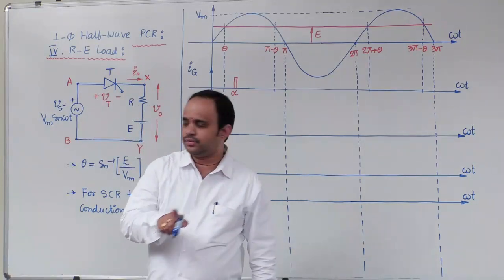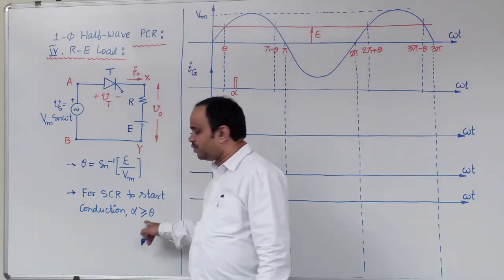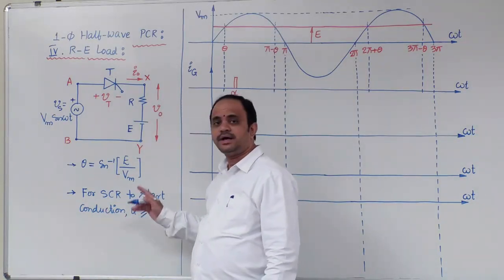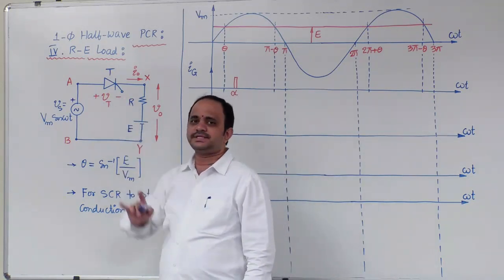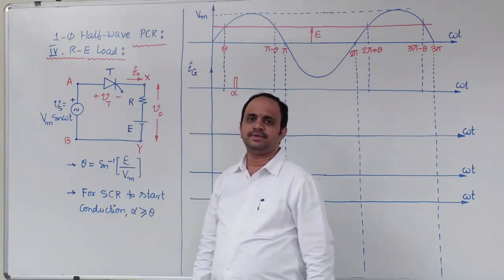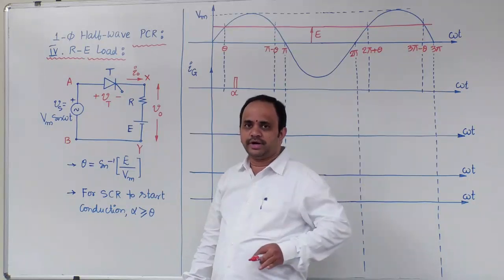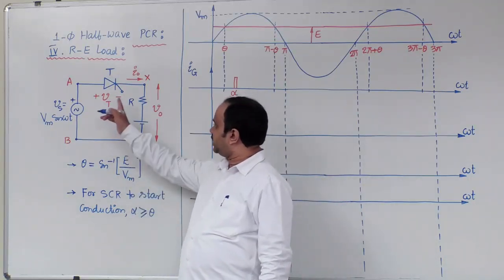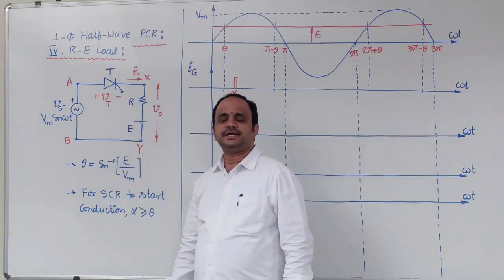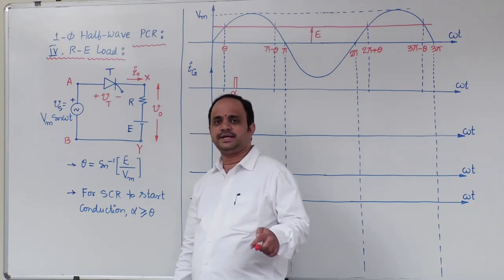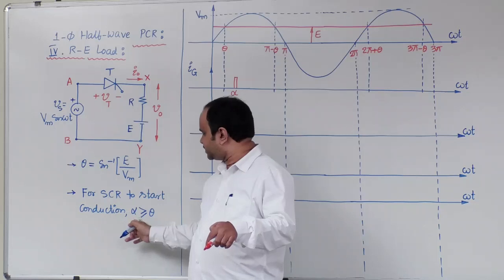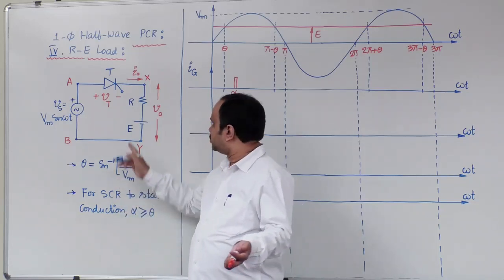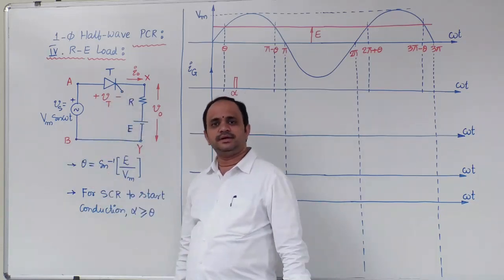Now we can give firing angle at omega t equal to theta also, nothing wrong. But in that case, SCR will just behave like a diode, because in the diode and RE load case we have already discussed, the diode started conduction at omega t equal to theta. In the SCR case, if we give alpha equal to theta, it will start conduction just like a diode.